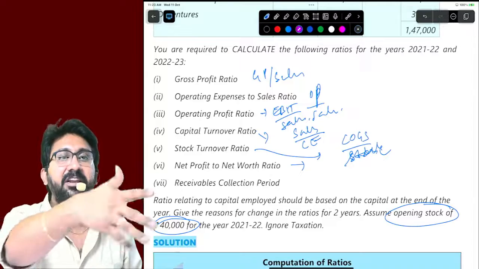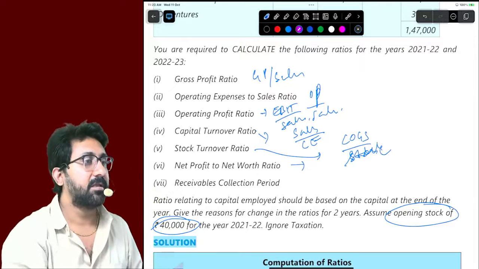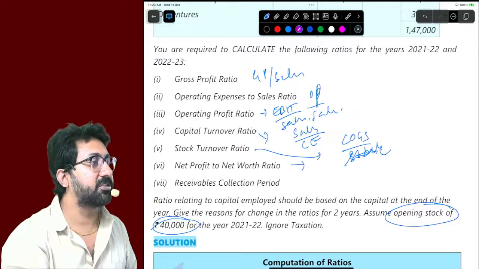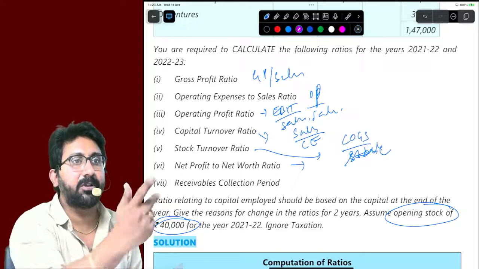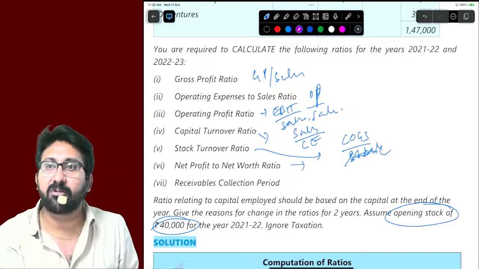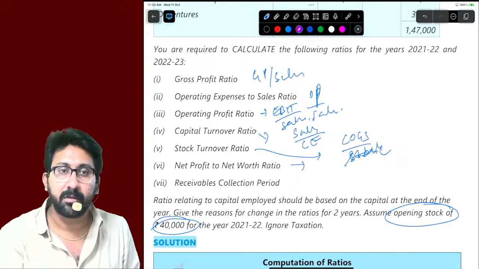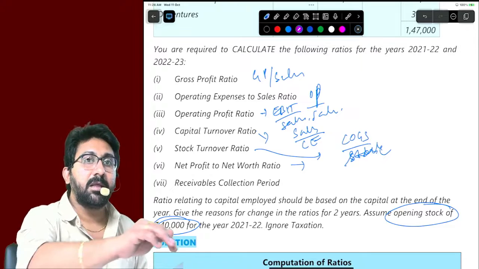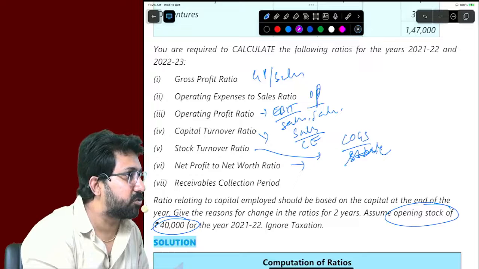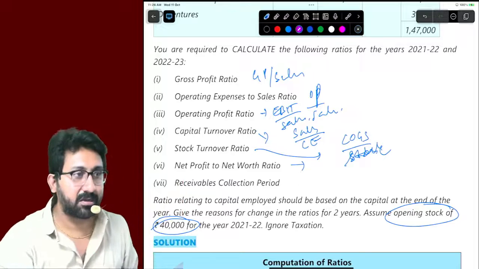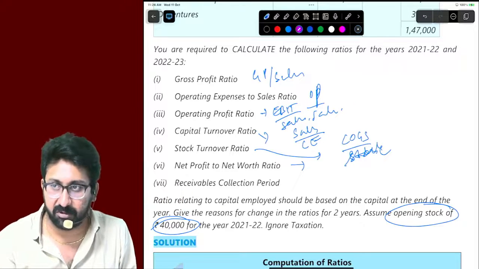If he didn't give opening stock, what is the formula for average stock? Opening stock plus closing stock divided by 2. That means to calculate average stock, what is the required information? Opening stock. When opening stock is given, what is the indication given to the student? Calculate the average stock. That's the reason why they have given that info.